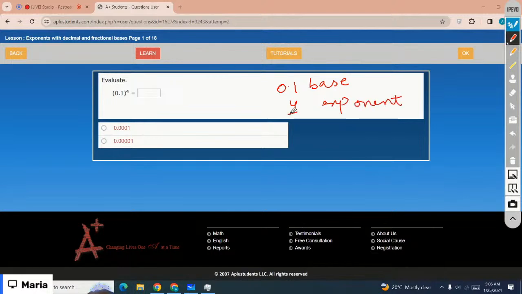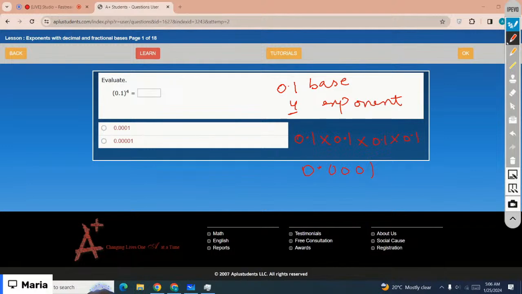So basically the exponent tells you how many times you have to use the base as a factor. That means you have to use 0.1 4 times, right? So when you multiply them, you have 4 decimal places, 0.0001. The correct option is option number 1, that is 0.0001.